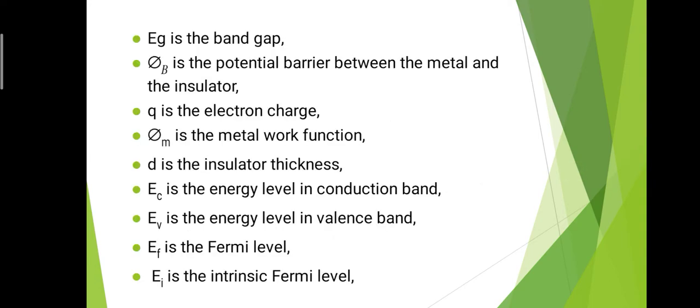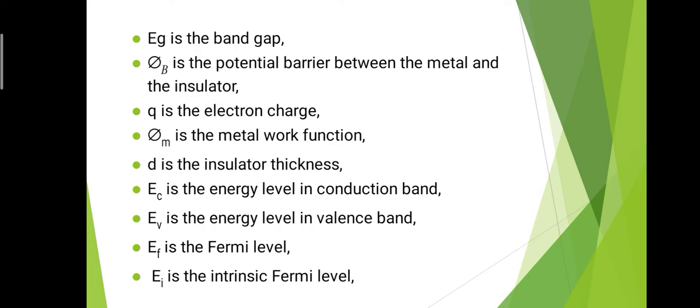Now there are different quantities shown in the figure. Eg is the band gap, generally of the semiconductor material. Phi b is the potential barrier between metal and insulator, that means there is a metal and after that an insulator part, and there is a formation of the potential barrier, which is phi b.